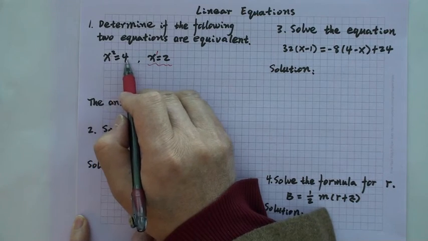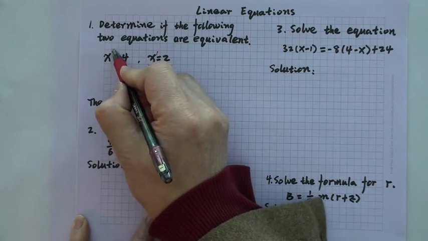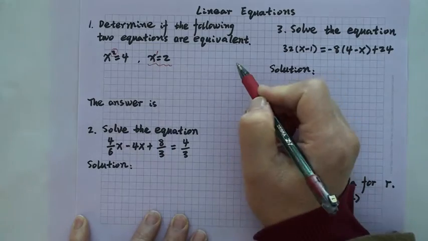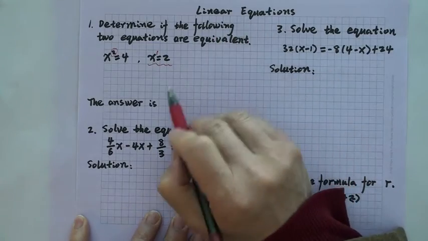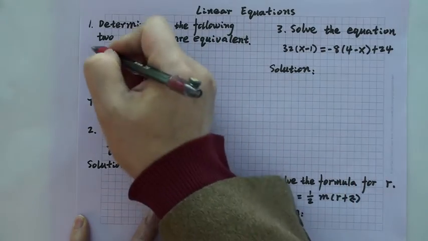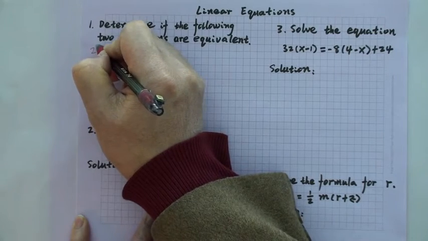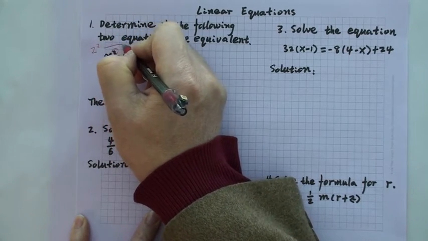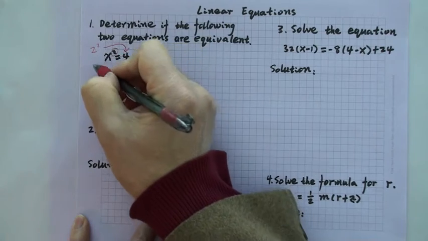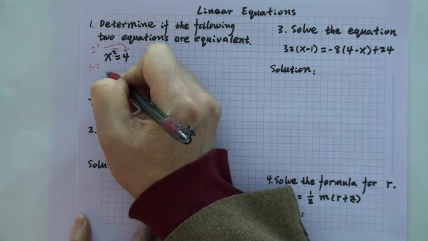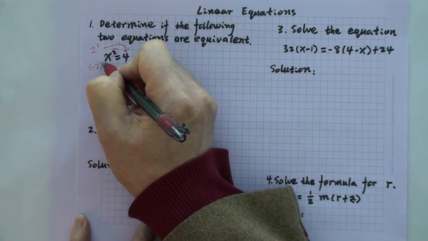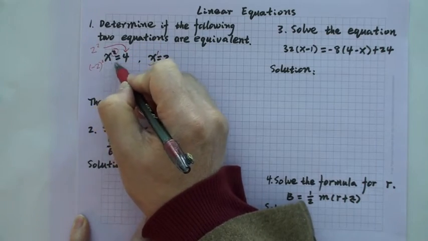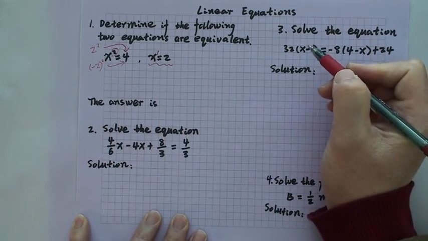For x squared equals 4, the exponent is 2, which is not a linear equation. When you plug in 2 there, 2 squared is 4. When you plug in negative 2, negative 2 squared is also 4.